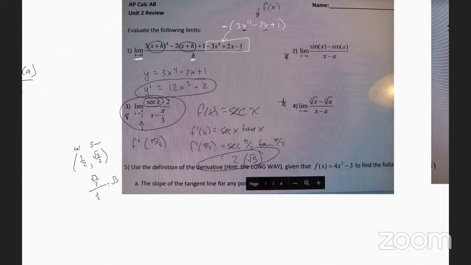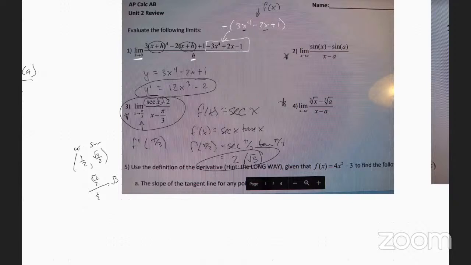Do you have an example I can see of what you're talking about? Let me see. Real quick, number two, this is just the generic derivative. This is just the derivative of sine, which is cosine.